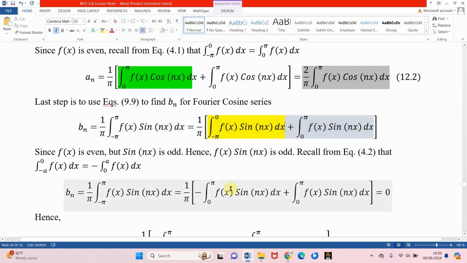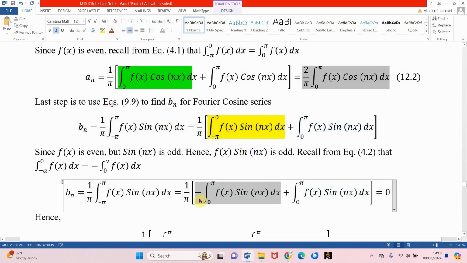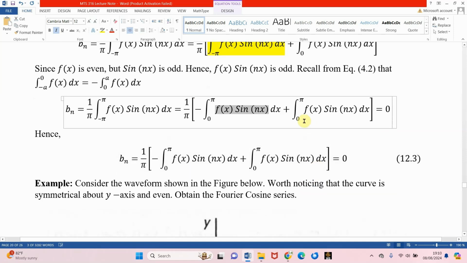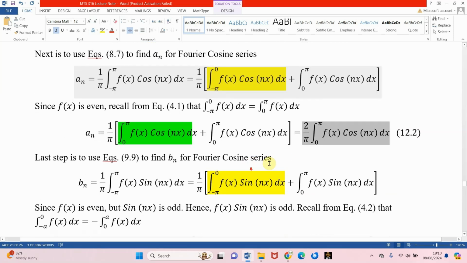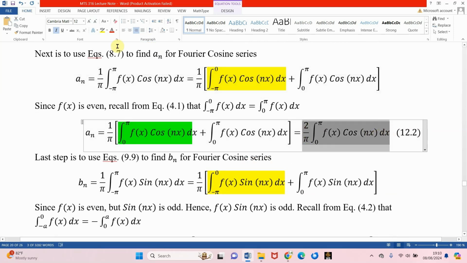When we substitute that, we obtain this expression, because from minus pi to 0 we now become minus the integral from 0 to pi of f of x sine nx, since the product here is odd. Then this and this subtract, and we have 0. So what I am trying to say is that for the Fourier cosine series, we have our Bn to be 0. But our An is this. This is our An.